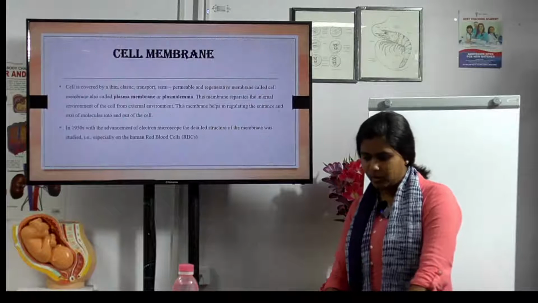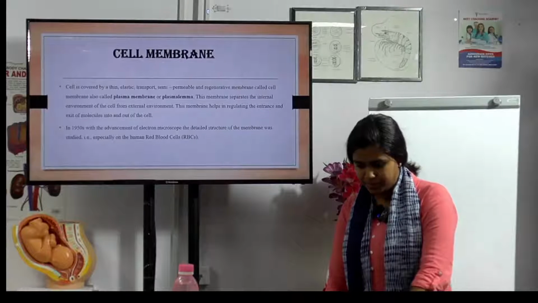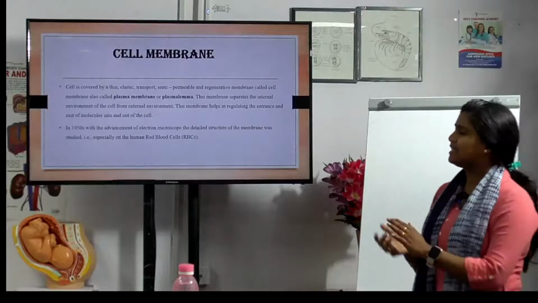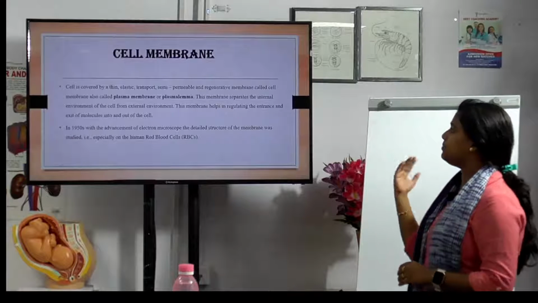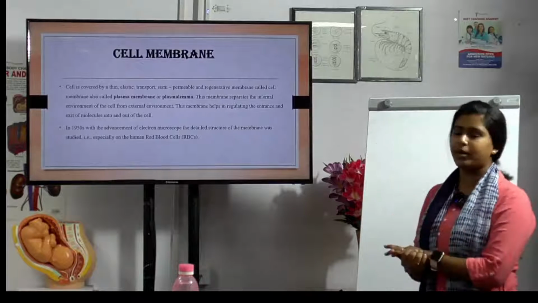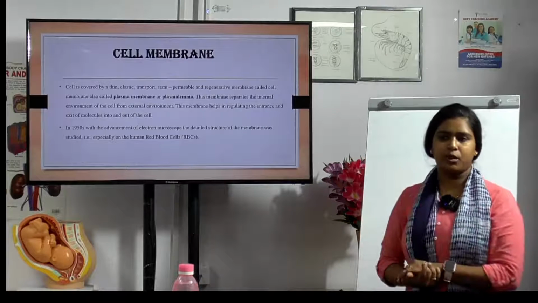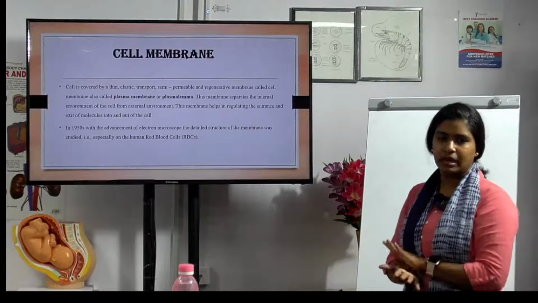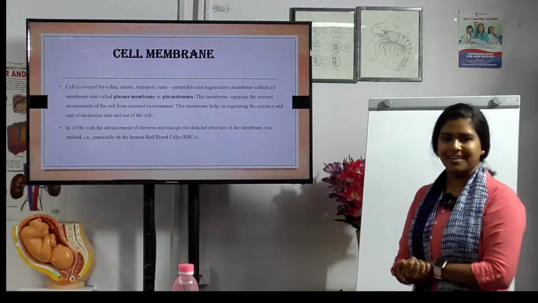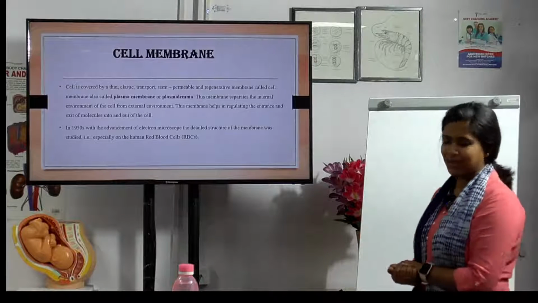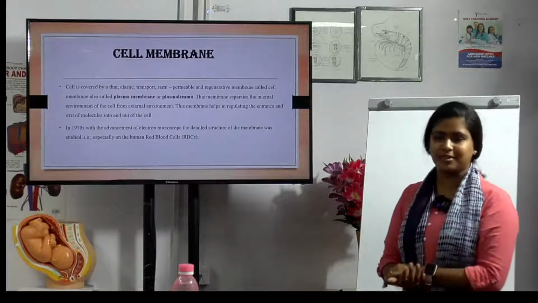Okay, now let us see about the cell membrane. Cells are covered by a thin, elastic, transport, semi-permeable and regenerative membrane called what? The cell membrane or plasma membrane, which we saw earlier in eukaryotic cells, and also in prokaryotic cells.